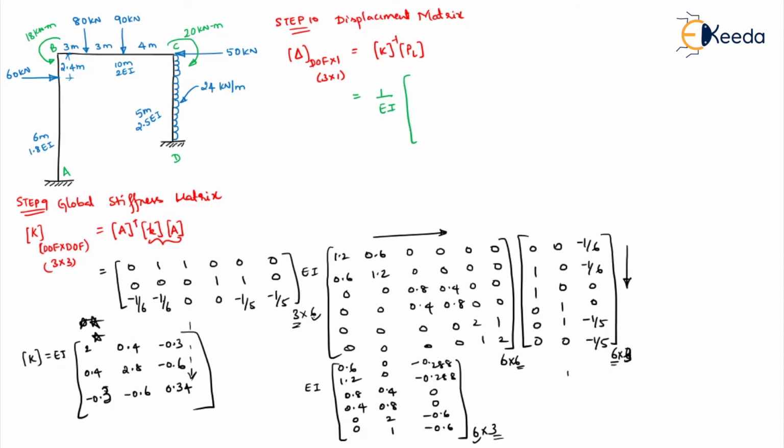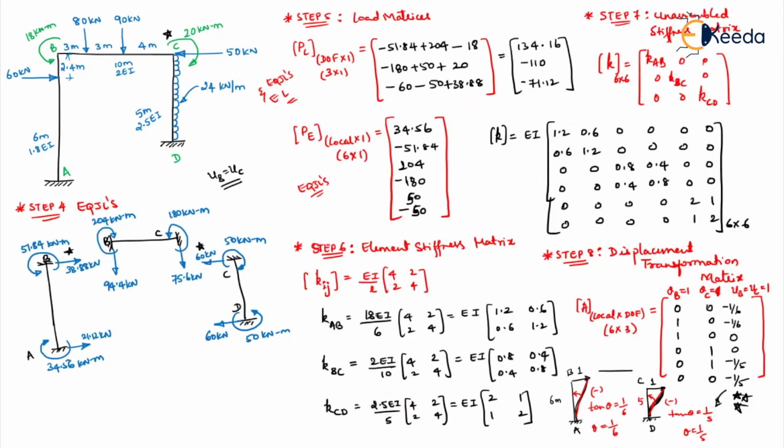So it's 1 by EI into 0.58, 0.043, 0.587, coming to the next line 0.043, 0.577, 1.057, 0.587, 1.057, and here it will be 5.325. Now we should multiply this with the PL.